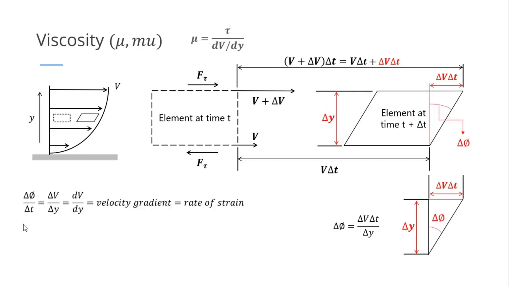Rewriting the derived equation, we get that the rate of strain delta phi over delta t is equal to the ratio delta v over delta y, or it is equal to dv over dy, or velocity gradient is equal to rate of strain.